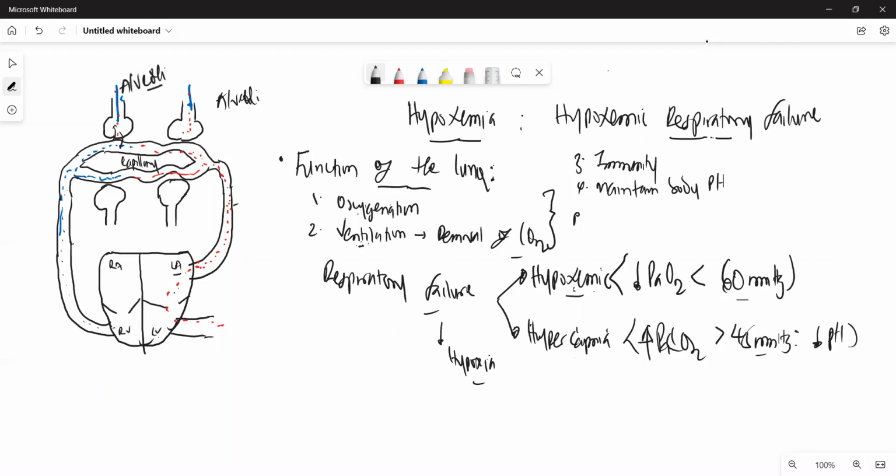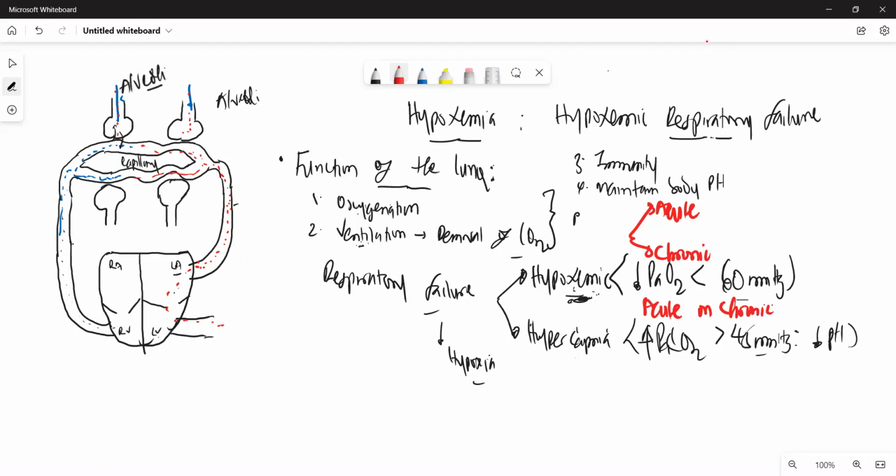And for the purpose of this conversation, we're going to be talking more on hypoxemic respiratory failure. So hypoxemic respiratory failure could be acute, or it could be chronic. And of course, it can also be acute and chronic.